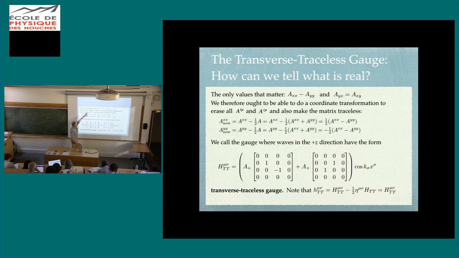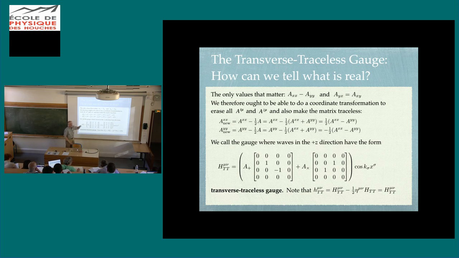And so we ought to be able to do a coordinate transformation that erases everything with a time index and a space and a z index. And not only that, but we ought to be able to set the matrix to be traceless, because I can subtract a common term from both of these and it doesn't matter, it doesn't affect anything.